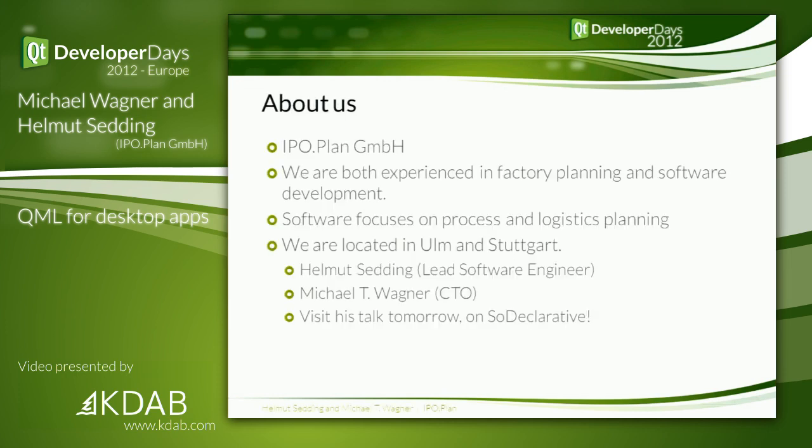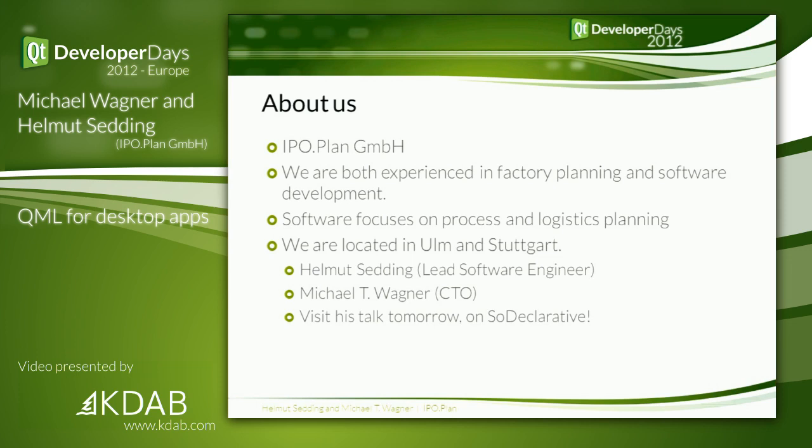And first, who are we? weplan. This is a company which has two parts actually. We are both experienced in real factory planning. So if you are a car company and you want to build a factory, we are there to plan everything from the logistics to the processes to the layout of the factory.